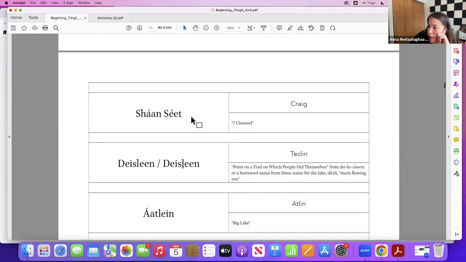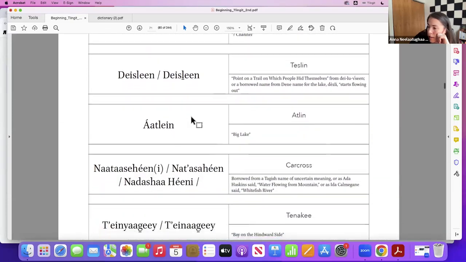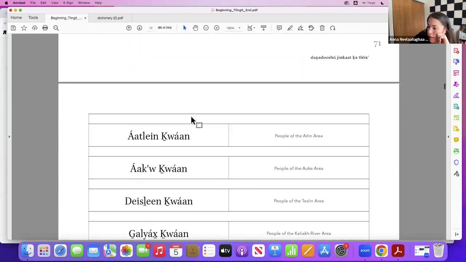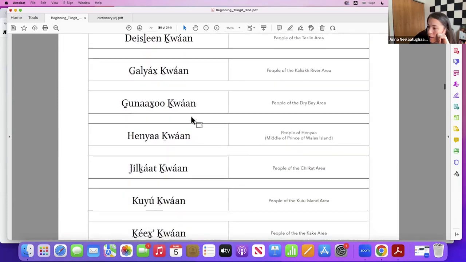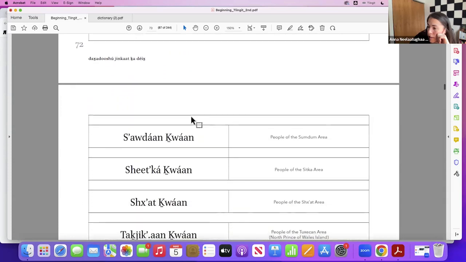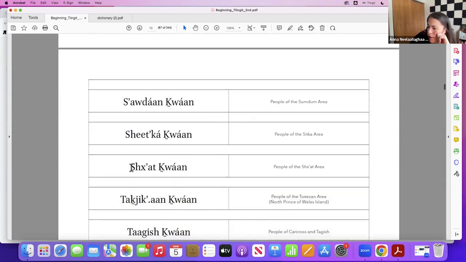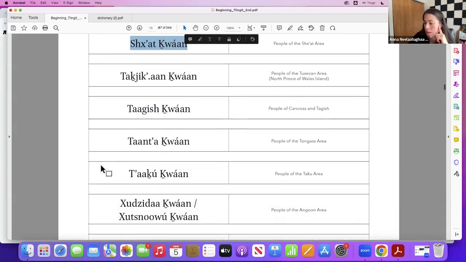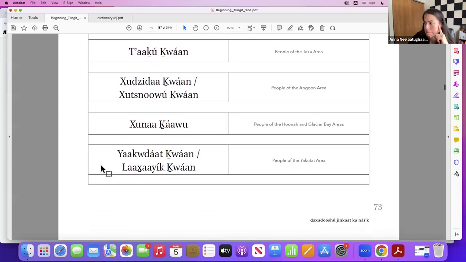I think they would be... where is it? Shkat Kwan. So that's where the map is helpful when you're tying your heritage and where you come from to your self-introduction, so that you can use the correct territory names. Does that make sense?